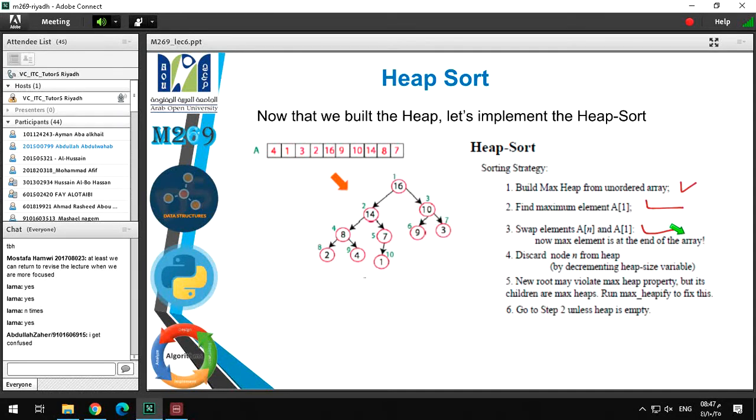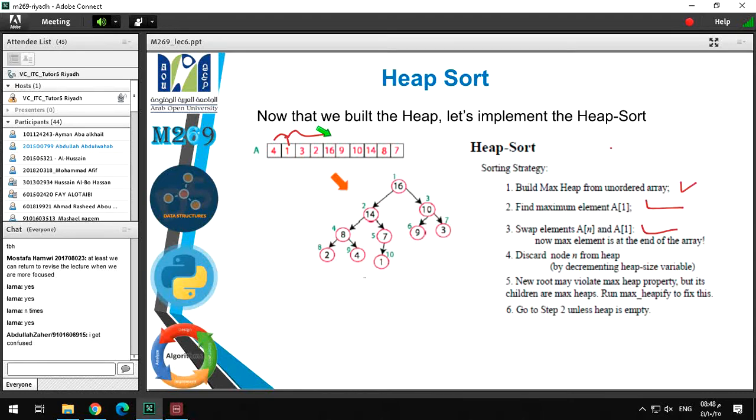Now the max element is at the end of the tree. So if, let's say, the minimum is 1, you keep swapping the number until you reach the bigger number at the end of the array. We will come to more explanation.